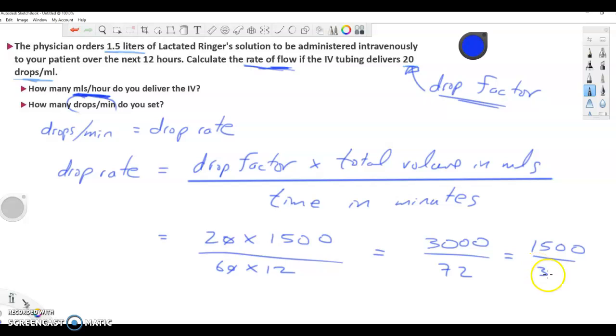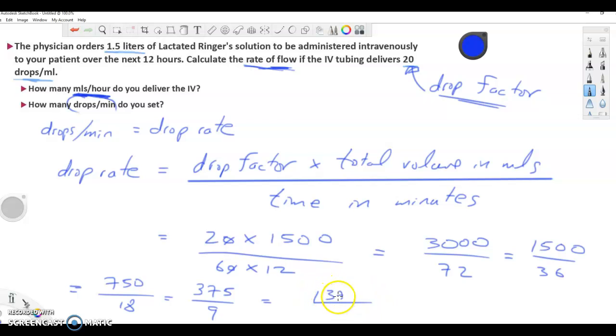We have 36 underneath, and again this is divisible by 2, and we end up with 750 on top and 18 below, and again that's divisible by 2. Earlier we divided 750 by 2 and got 375, and underneath we'll have 9.